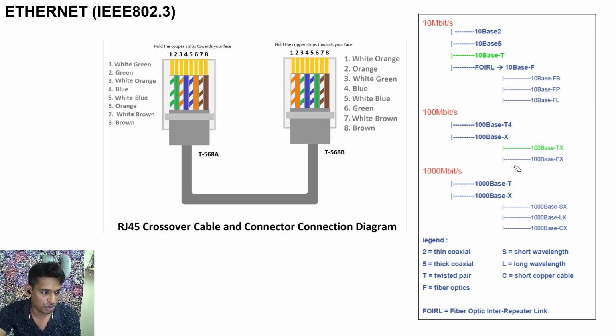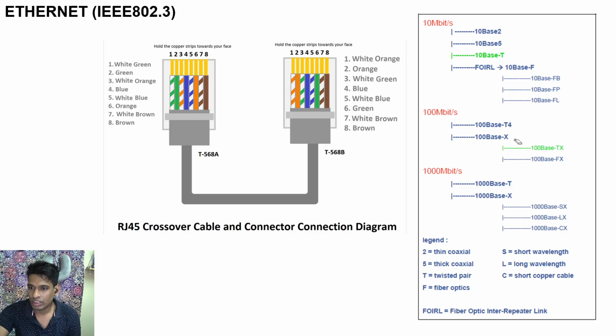So that is how you understand the specifications. When you order a gigabit Ethernet switch with a 1000 base T port, that is a LAN switch. When you order a gigabit Ethernet switch with a 1000 base F port, that is a fiber Ethernet switch. And again, when it comes to fiber, the connector is different: SC connector, ST connector, and LC connector. So the connector might also be different.